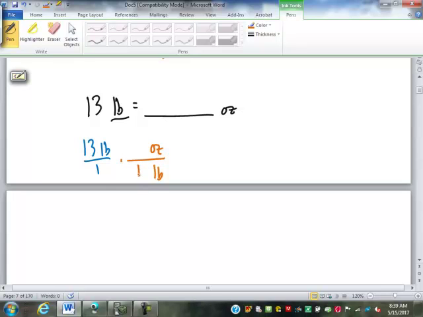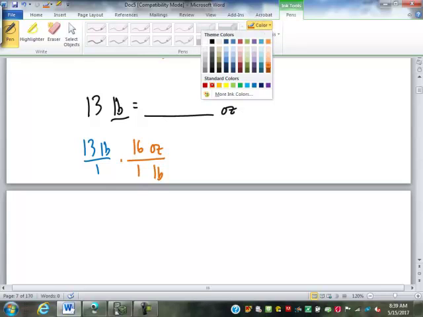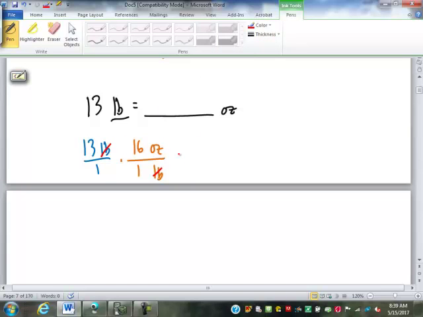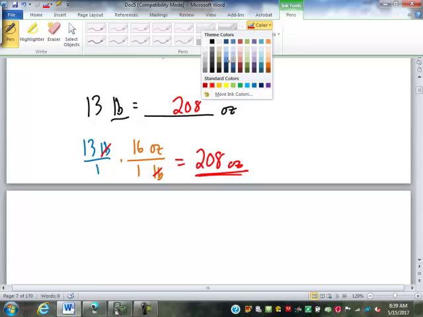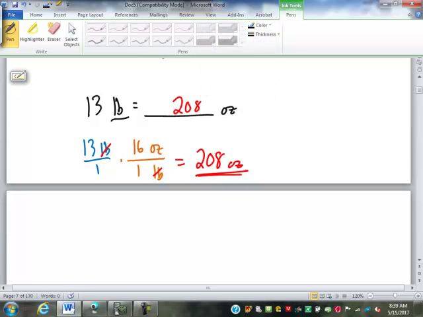Ounces on top. 1 pound is 16 ounces. So the pounds cancel. 13 times 16 is 208 ounces. So that's standard measurement.